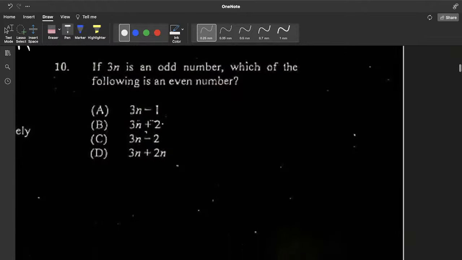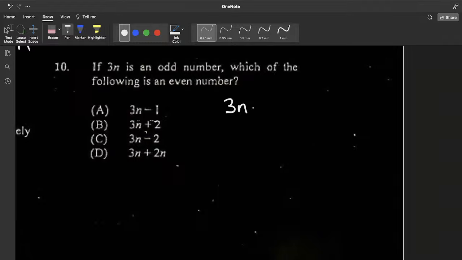Now it says, if 3n is an odd number, which of the following is an even number? So 3n could be any number that we're looking at. We're just looking at 3n to be a number that is odd. So say for instance we had the 3n here, and we end up trying to figure out what the odd number is.